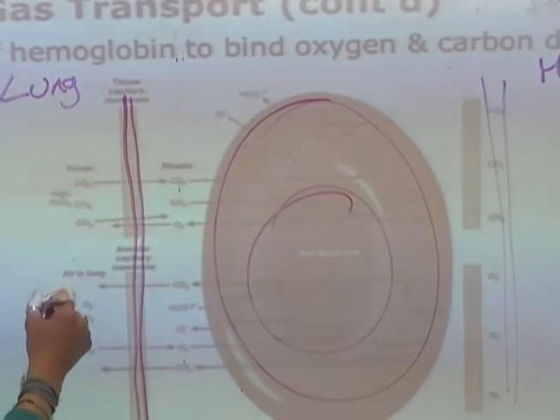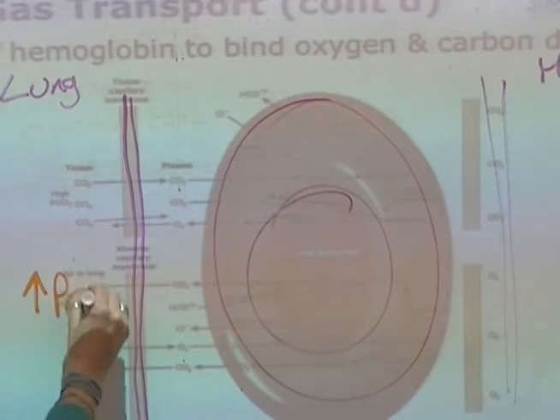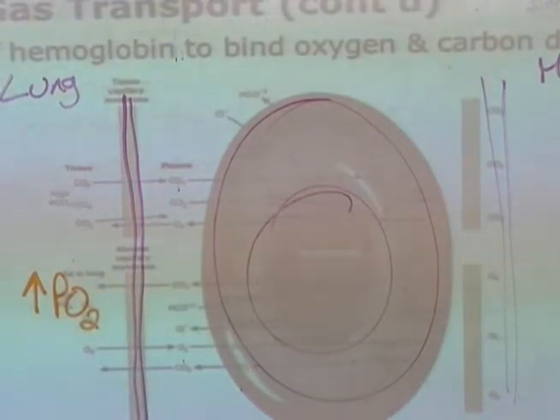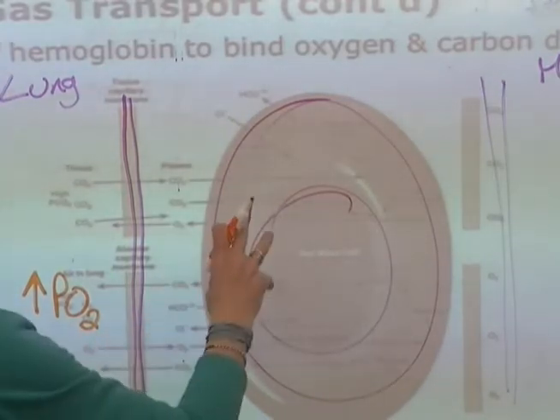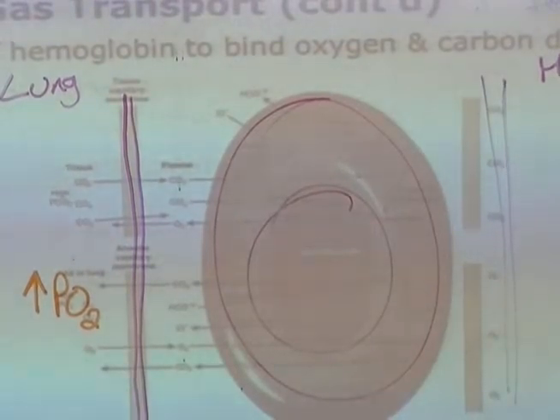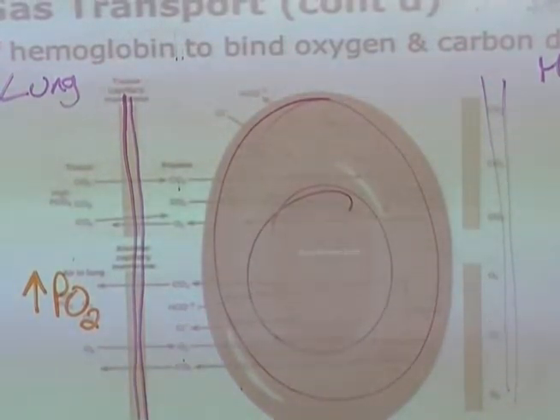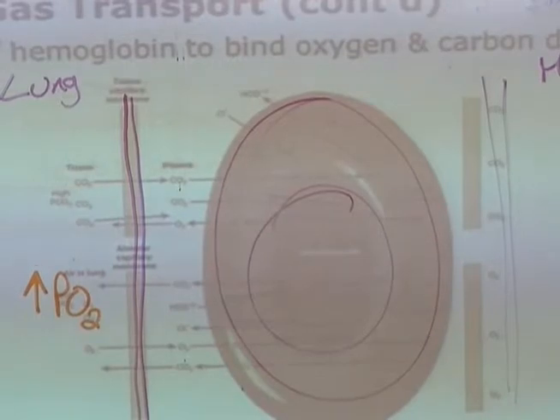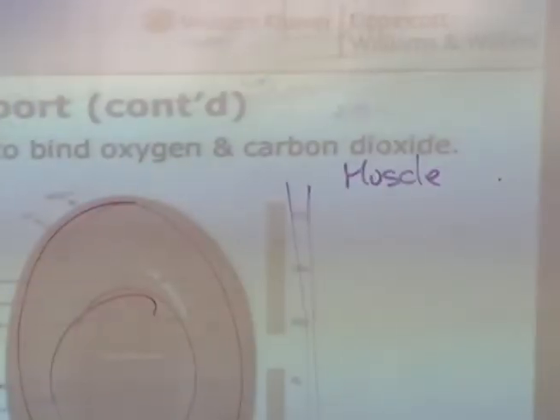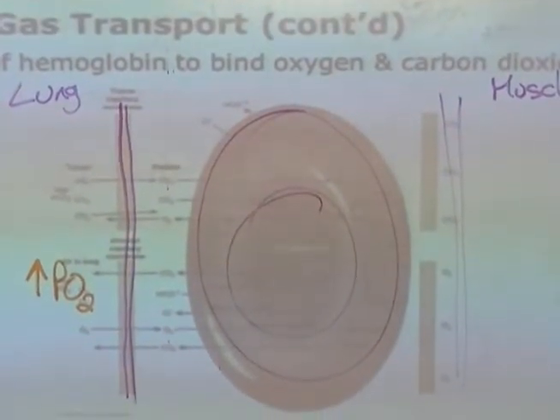Air in the lung has high partial pressure of oxygen. When the red blood cell reaches the lung from the right ventricle, remember, it's low in oxygen at that point, because it's traveled all the way around the body and all the organs and tissues that have needed oxygen to make ATP have depleted the oxygen levels.